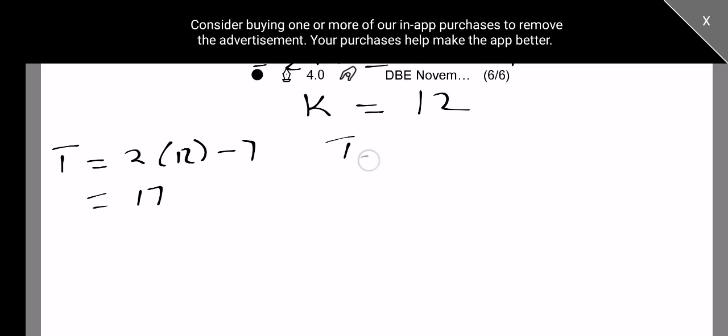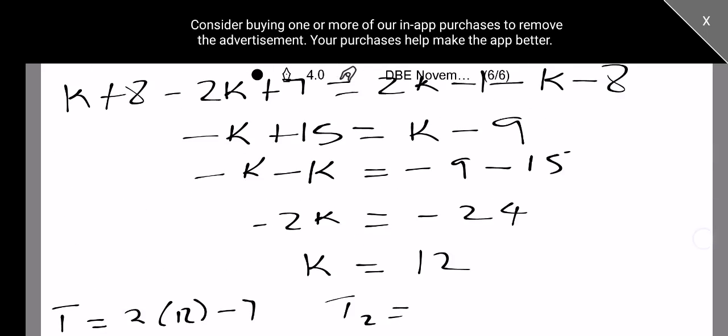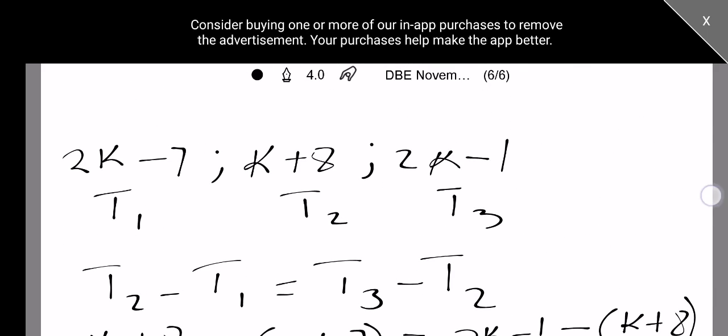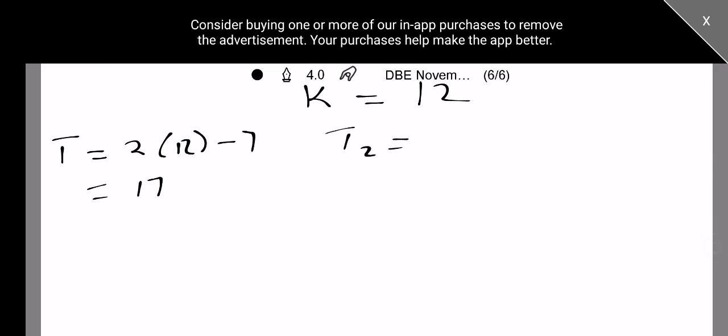T2, let's go and verify, is k plus 8, k which is 12, plus 8. 12 plus 8 gives us 20.